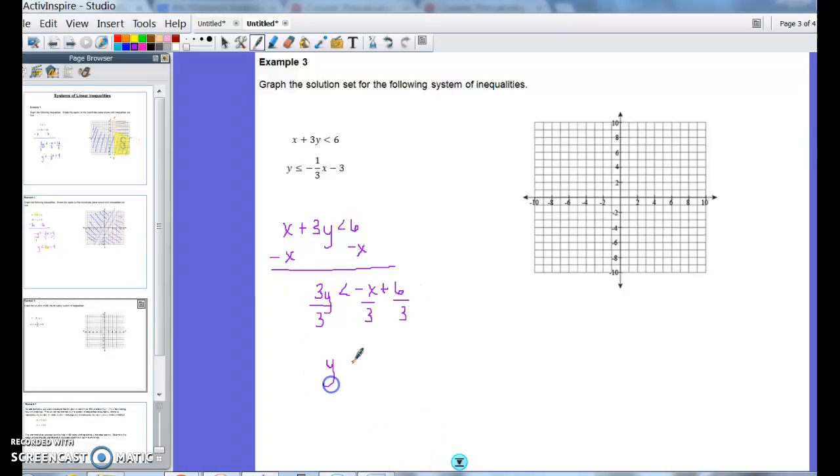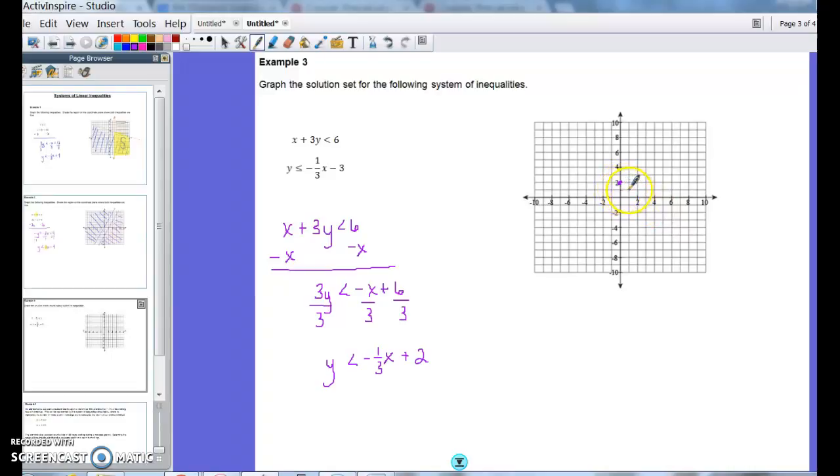So that would give me y is less than, and this is the same situation we had in one of the previous problems. Instead of writing it as negative x over 3, I'm going to write it as negative 1/3 x. And then 6 divided by 3 would be 2. Okay, so I'm going to go ahead and plot that one first. So I start at 2, and my slope is negative 1/3.